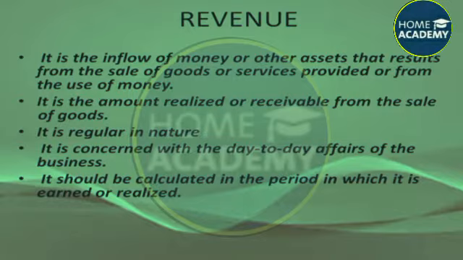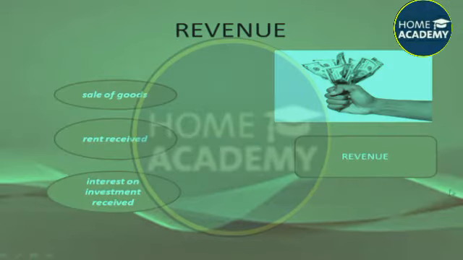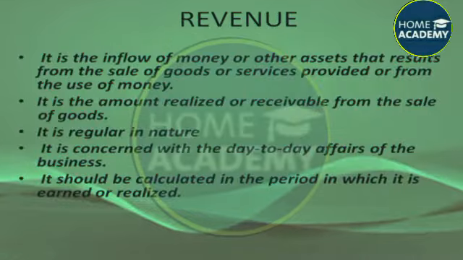It is a recurring item, regular in nature, and it is concerned with the day-to-day affairs of the business. It should be calculated in the period in which it is earned or realized. The sources of revenue could be sale of goods, rent received, interest income received, dividend received. These are all categorized and clubbed together as revenue.